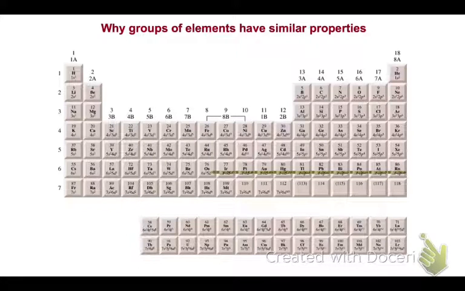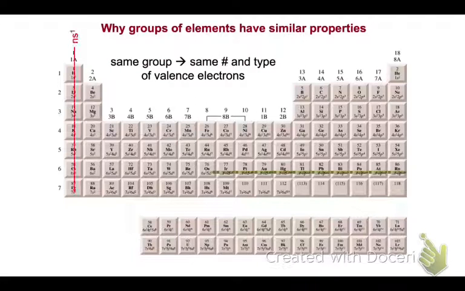So every element in group 1A will have a valence electron configuration of ns1, n being whatever the highest n is, depending on the element. Group 2A, ns2. Group 3A, ns2, np1.